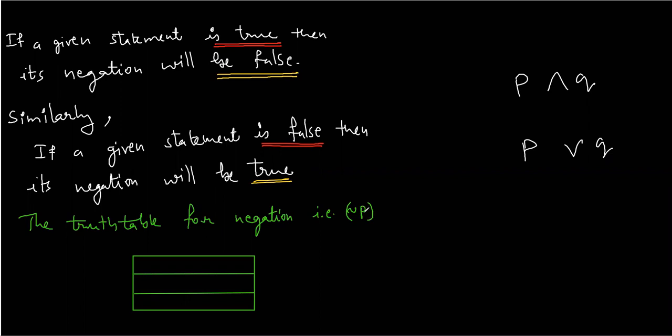We will not have P and Q both. It is just one statement, negation of P. So how will that be, students? It will be this way.